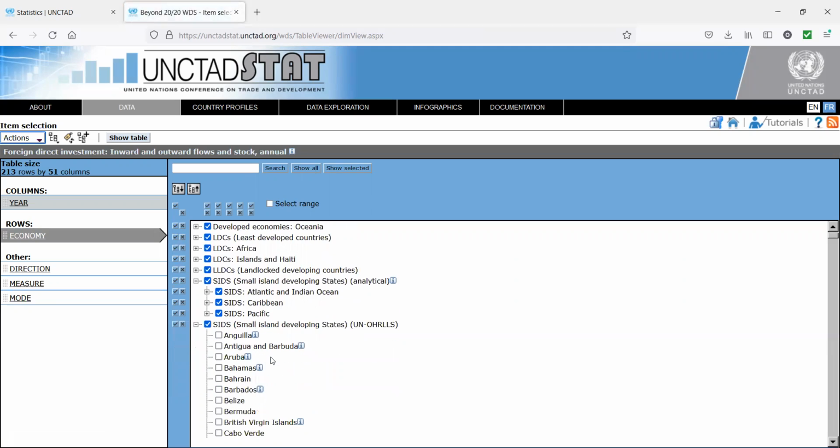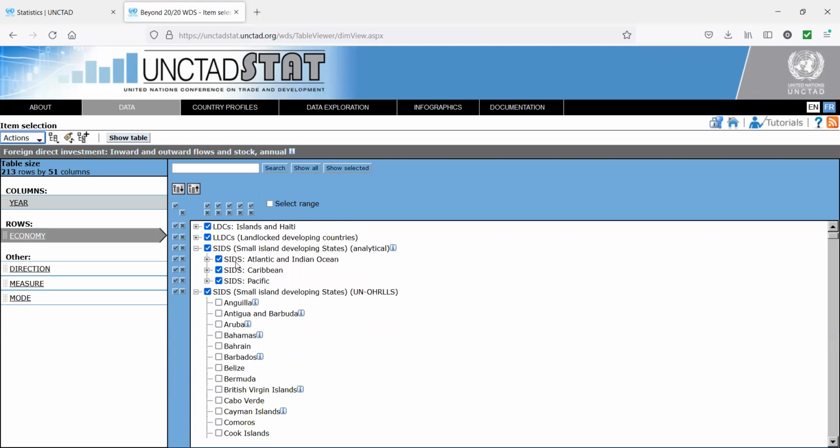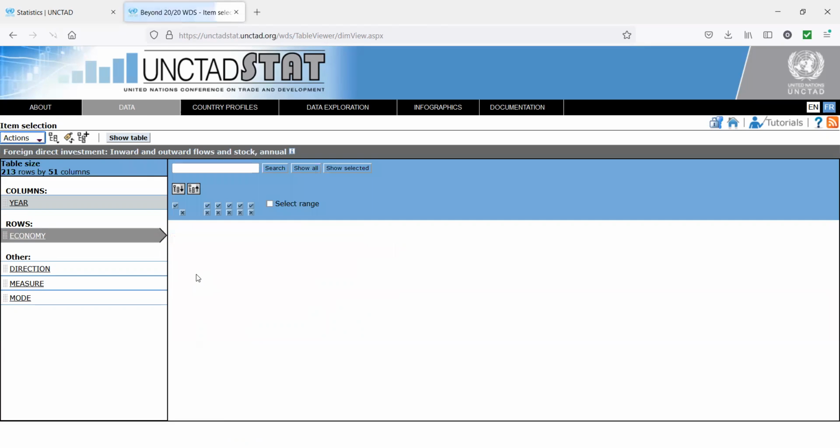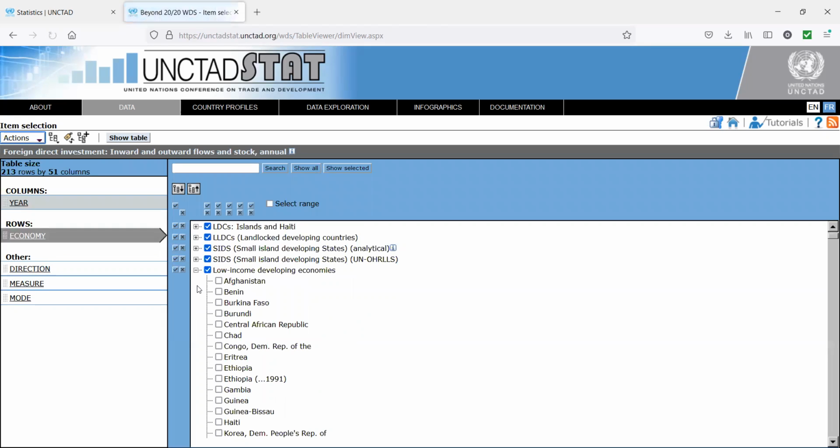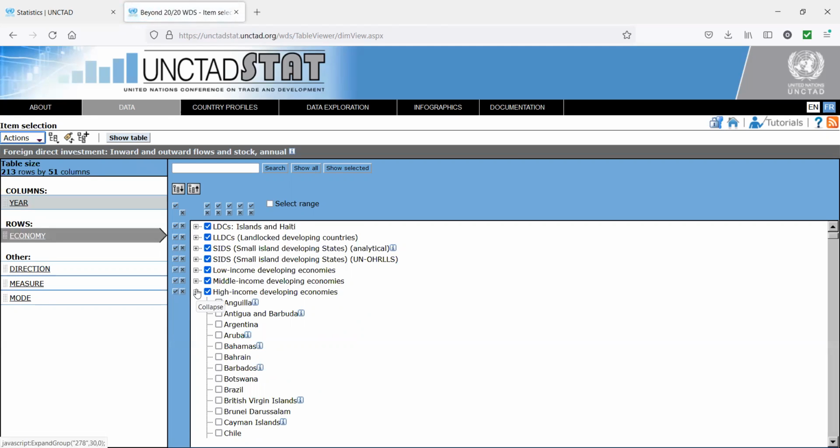You have also small island developing states. You have low income developing economies. You have middle income developing economies. You have high income developing economies. You see all of them here.